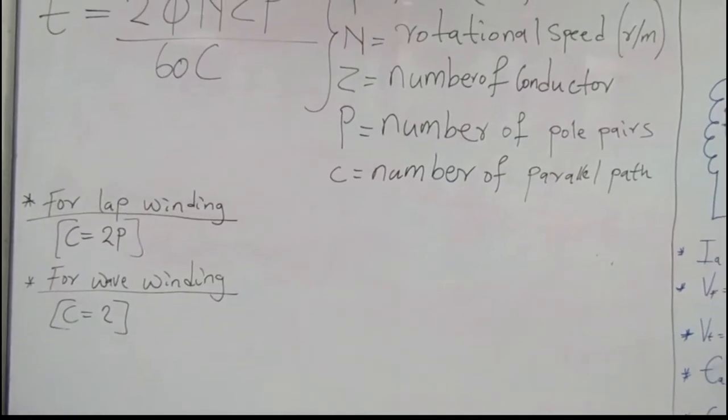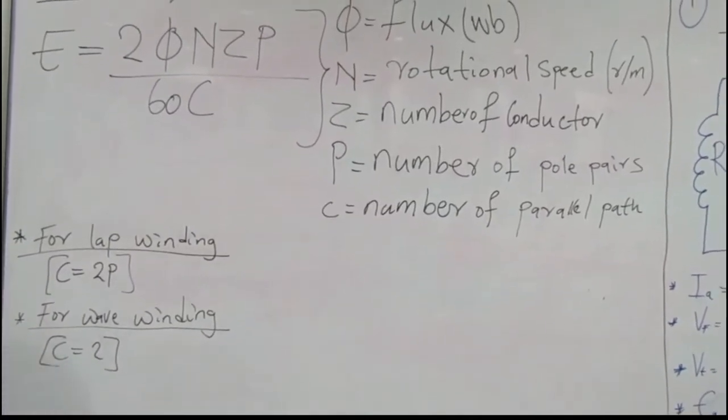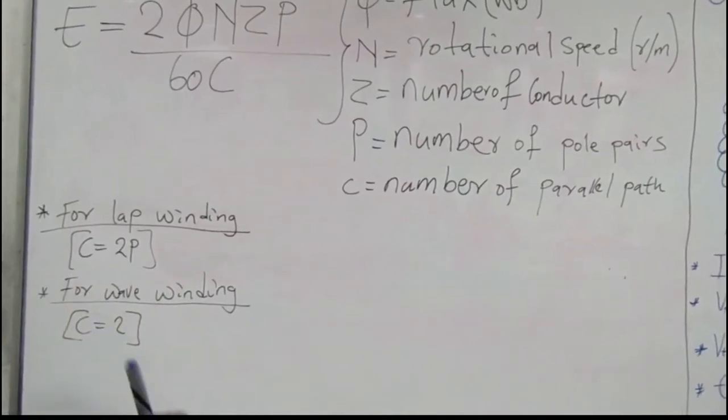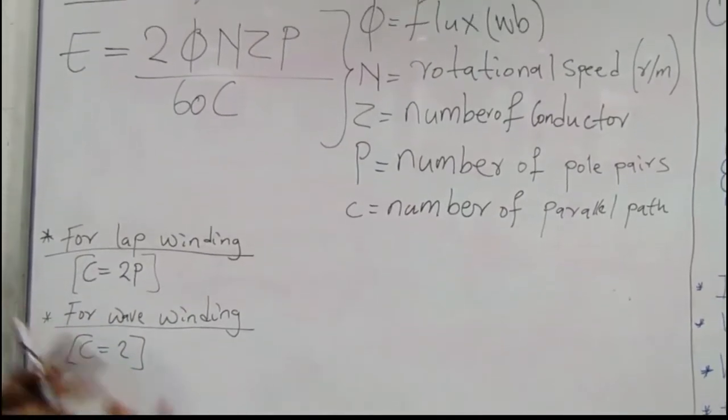You must also note that when you are given a number of poles, the number of poles is different from the number of pole pairs.